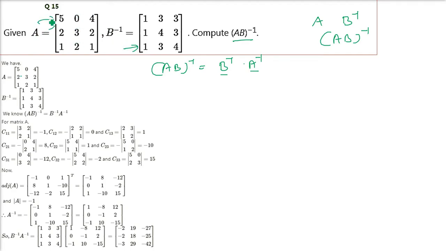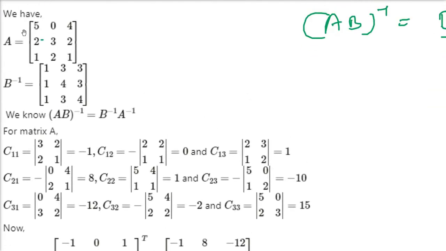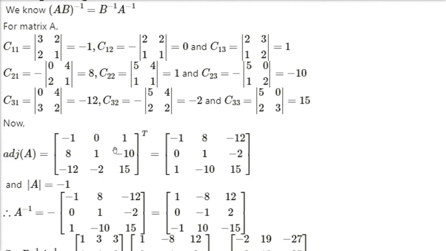So this is a 3 by 3 matrix. I hope you will be able to do it because we have already done questions like this. You have to find the cofactor matrix here. In place of 5, you write the cofactor of 5. In place of 0, the cofactor of 0, like this. Cofactor is nothing but you forget the row and column where that number is and take the sign minus 1 to the power of i plus j. Now take the transpose.